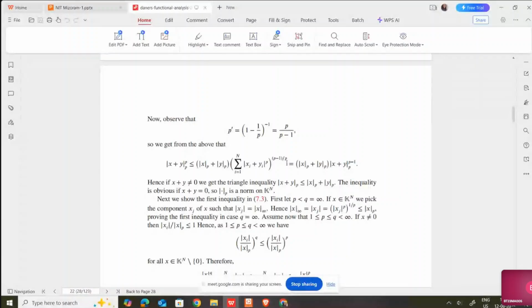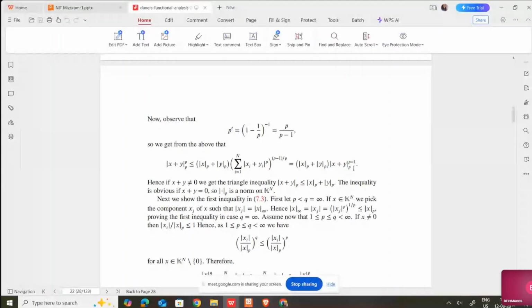Then that p prime disappears. What you get is one norm of xp, one norm of yp into x plus y raised to p minus 1 over p. That p minus 1, you have 1 over p prime, no? That 1 over p prime becomes p minus 1 over p.